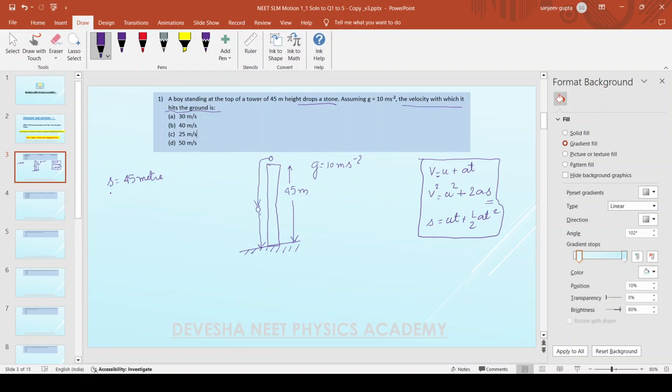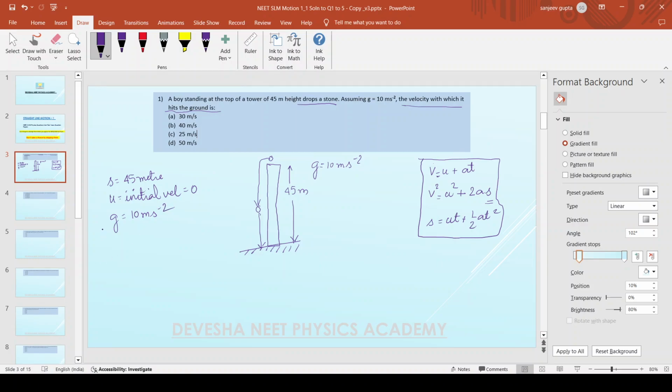He's not making any effort to throw it. It means u, the initial velocity, is equal to 0. So s is equal to 45 meters and g is also given here, 10 meters per second square.